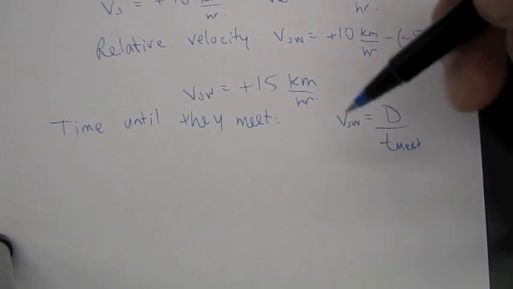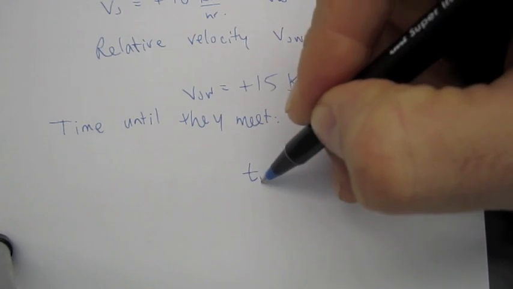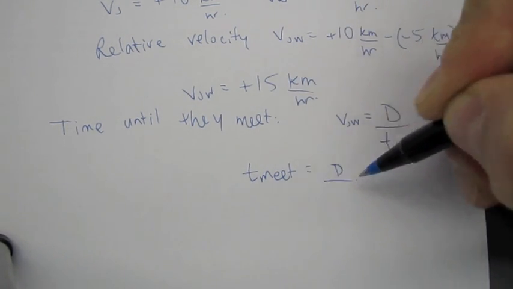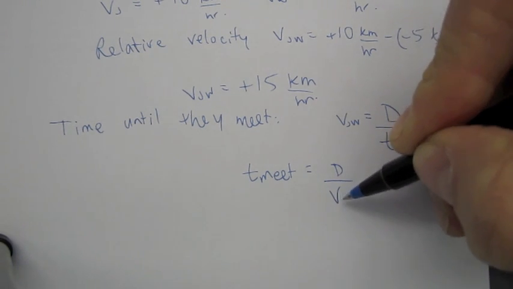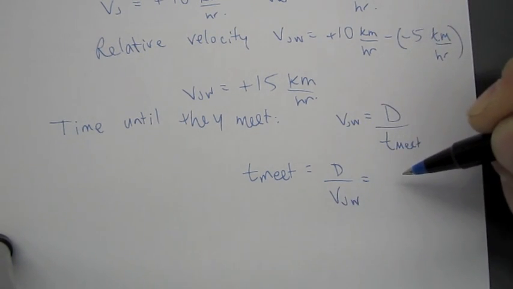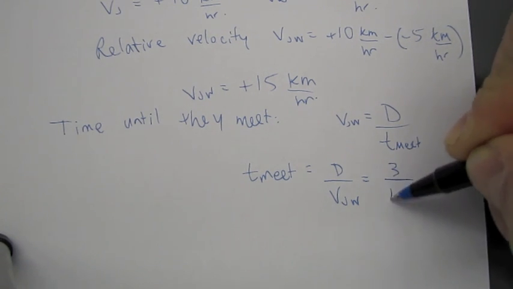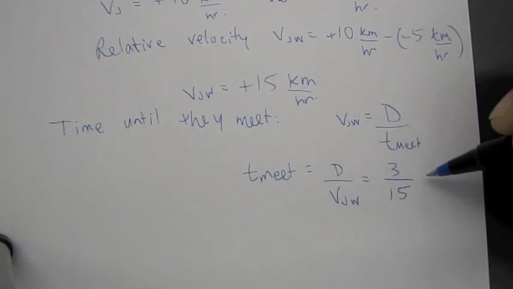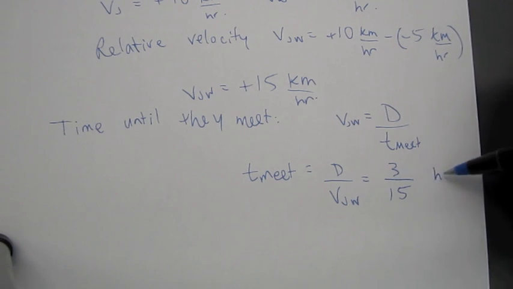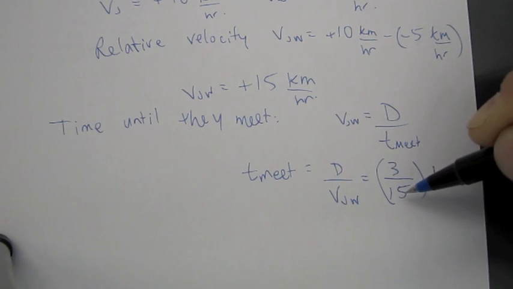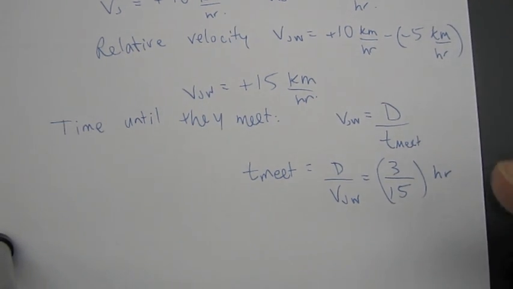So this is their relative speed. So time meet, if you solve that for meeting time, is equal to d divided by their relative speed. So it's equal to 3 kilometers divided by 15. And this will be in hours, if you take kilometers divided by kilometers per hour.